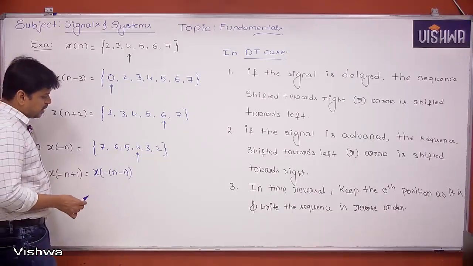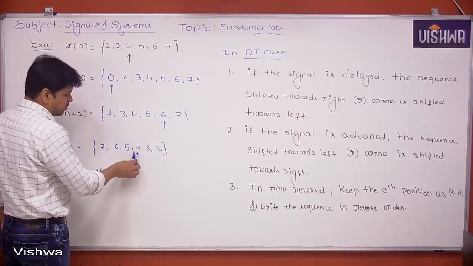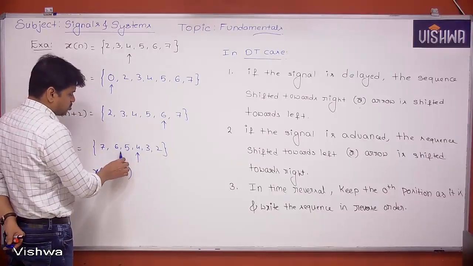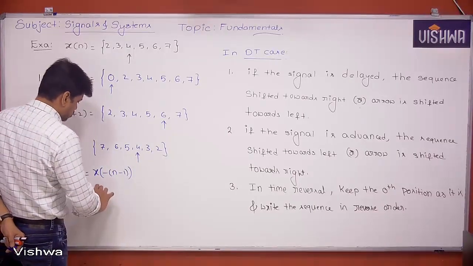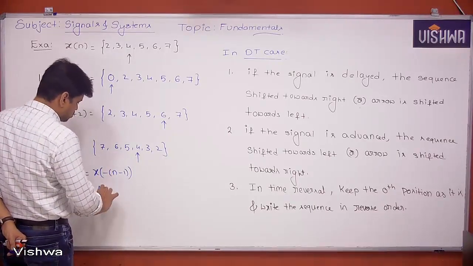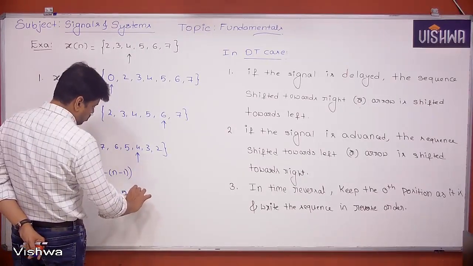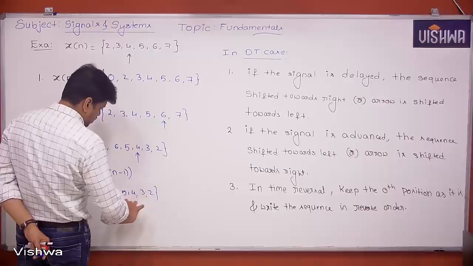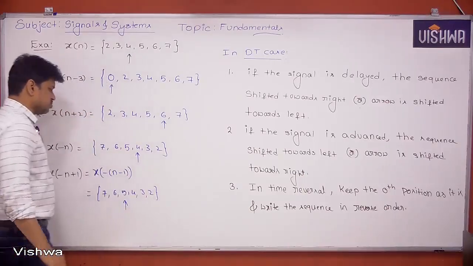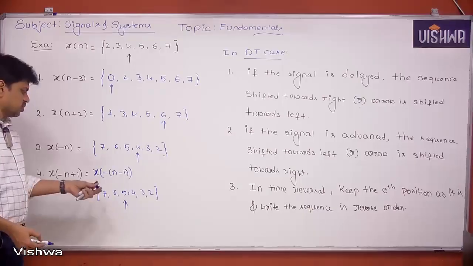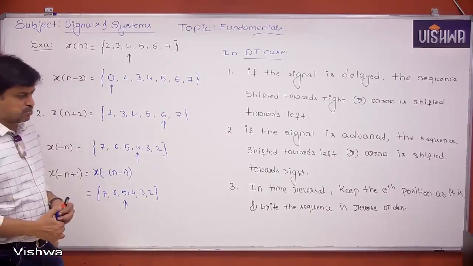If I delay by 1 unit, then this will come at 5. Understood? So delay means the arrow is moving in the left side direction. So I can say 7, 6, 5, 4, 3, 2. Arrow is at 5. Otherwise, you can go with x of n plus 1, then minus. So still you are going to get the same thing. Okay.